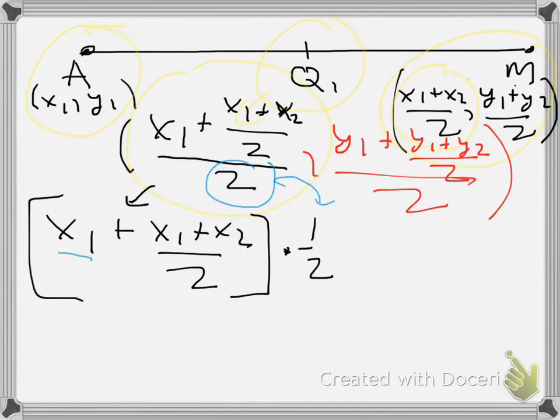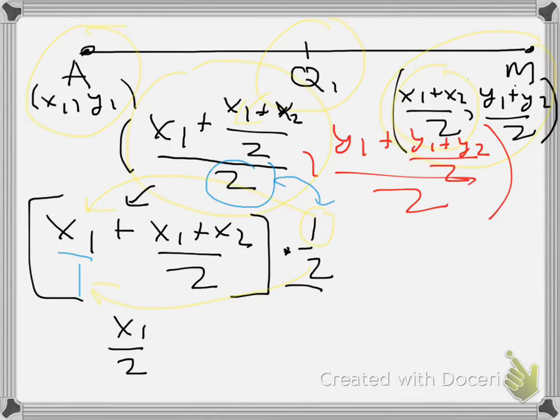So I'm going to take that out. Okay, and so let's do that. What's a half times x1 over 1? Well, it's going to be 1 times x1, and it's going to be 2 times x1. So I'm going to get x1 over 2.